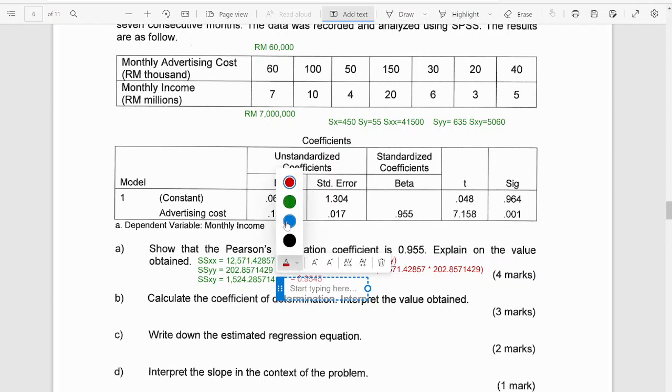Okay, so kita explain sikit. So you can say that there exists a very strong positive linear relationship between the two variables.